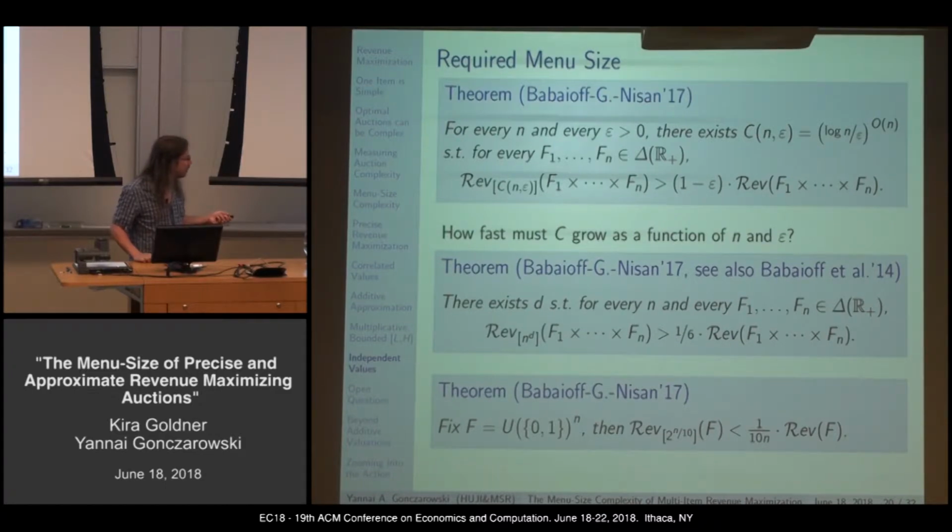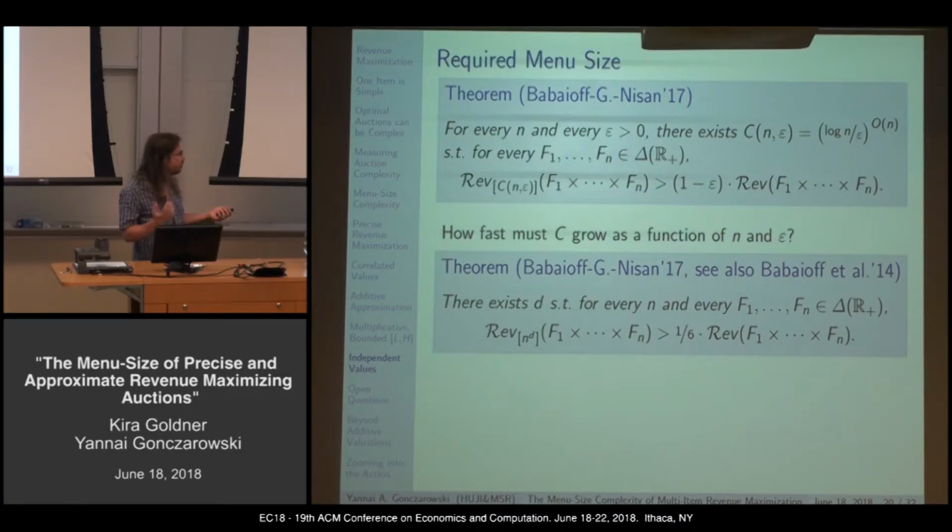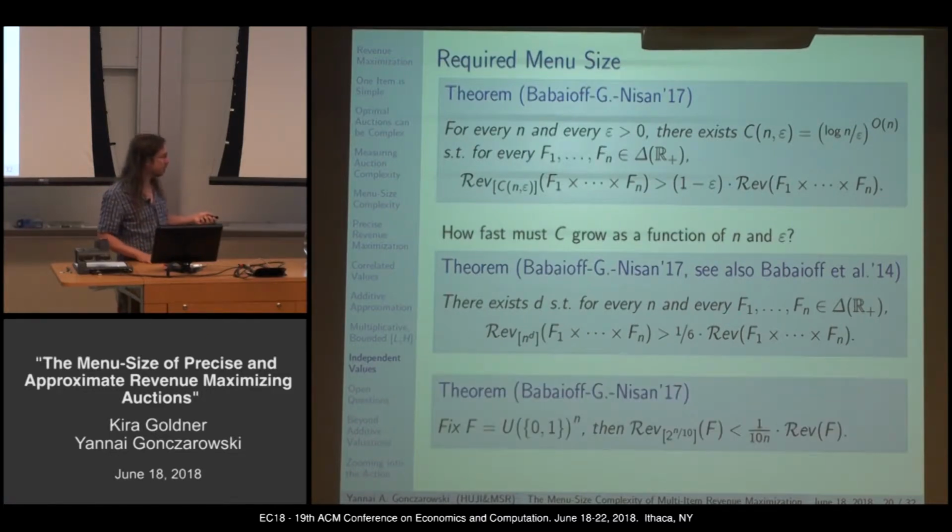Now note that maybe it would have been nice to have here something like you're not gonna, oh, I'm sorry. This should be 1 minus 1 over 10n. This means that you're going to lose at least 1 over 10n of the optimal revenue.